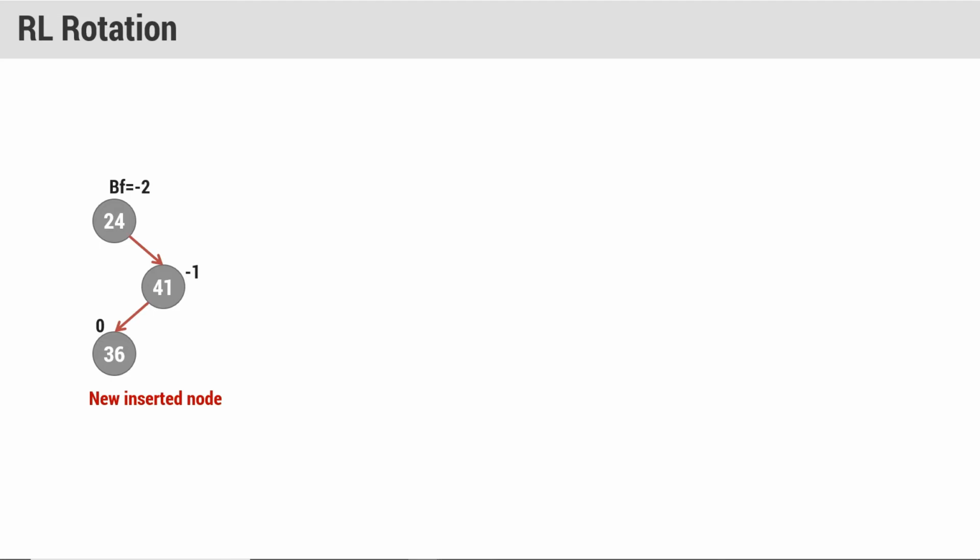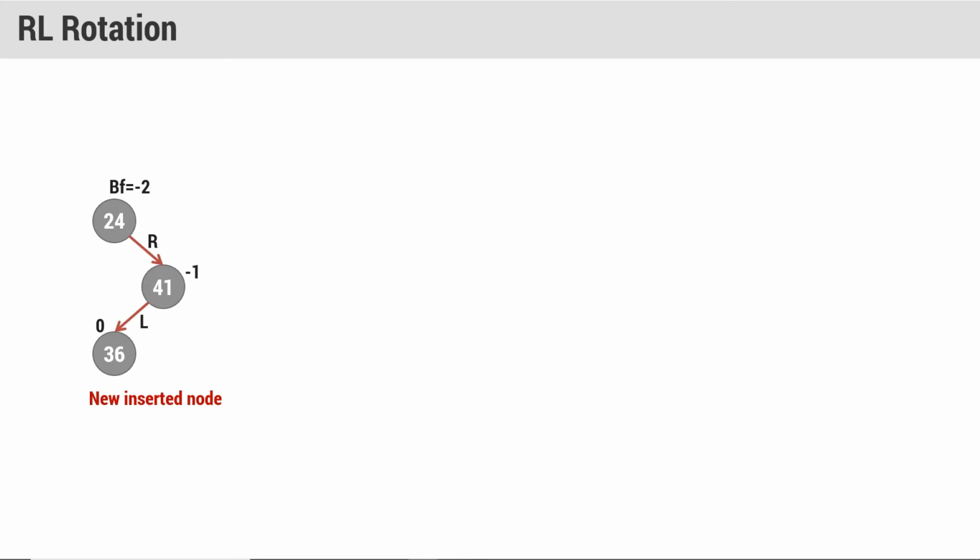So the balance factor is violated here. So we have to check in which direction the newly inserted node is. So it is on the right side of 24 and left side of 41. So this is the RL problem.